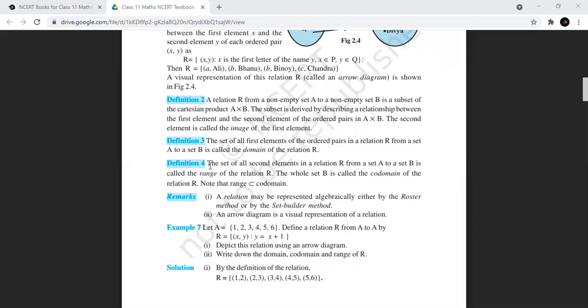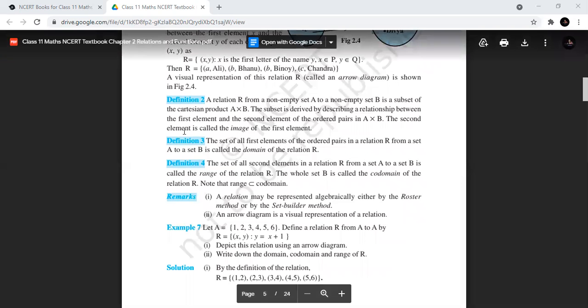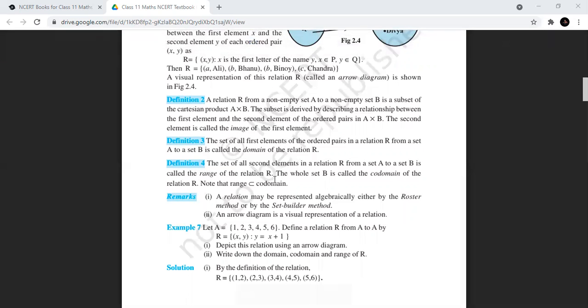They are saying the set of all second elements in a relation from a set A to set B. When I say a relation from set A to set B, it means R will be a subset of A cross B. This is called the range of that particular relation. And quite obviously, the whole set B is said to be the codomain.